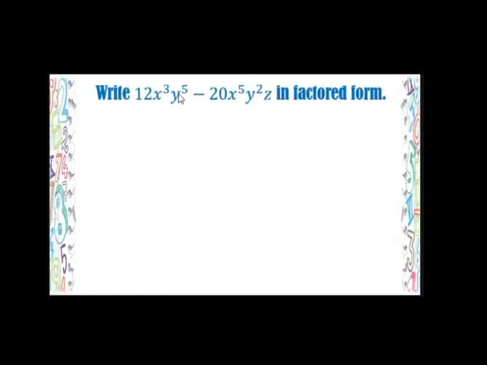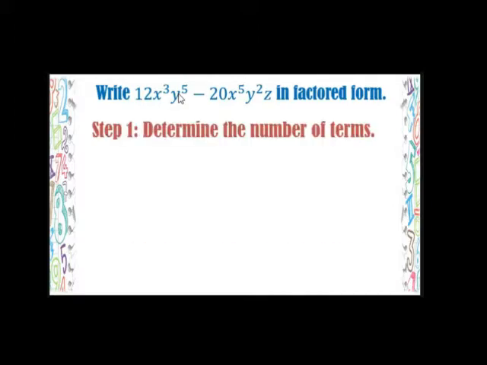Next example. Write 12x cubed y raised to 5 minus 20x raised to 5 y squared z in factored form. Step 1. Determine the number of terms.